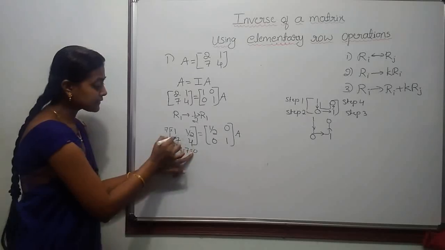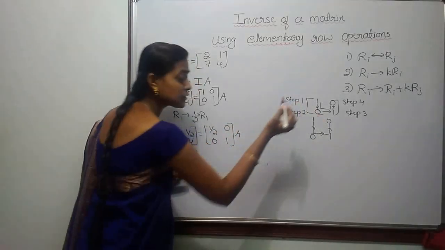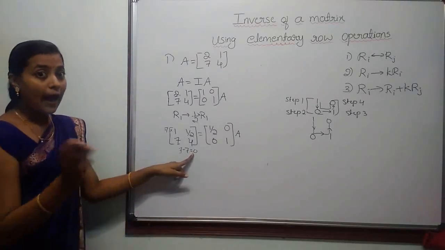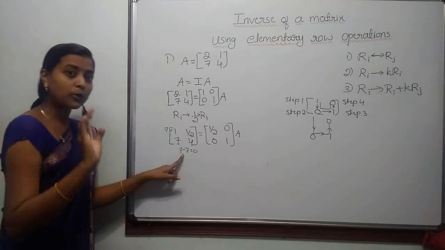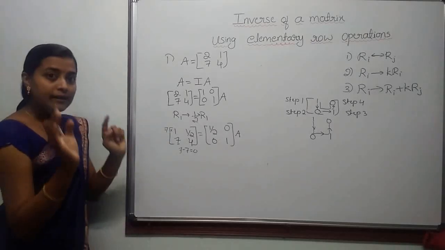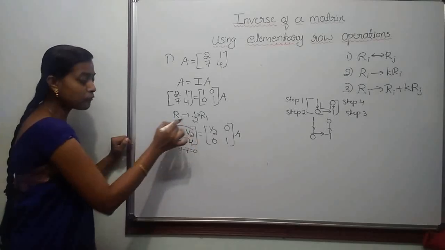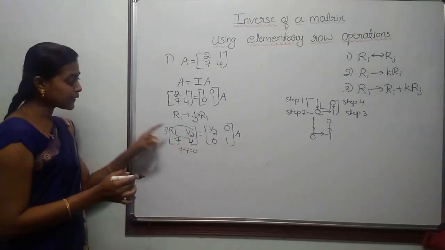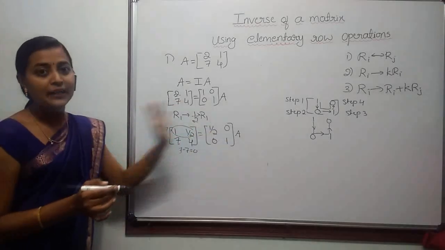If I write this result in second row, then this element will get reduced to 0. And we have to apply the operation to entire row, not only some element. We multiply 7 to entire first row, and subtract this first row from this second row.